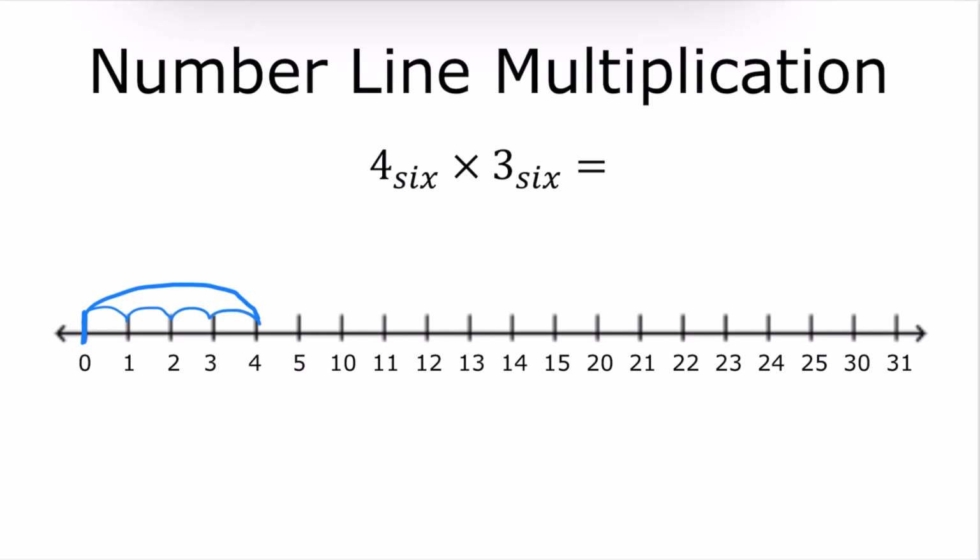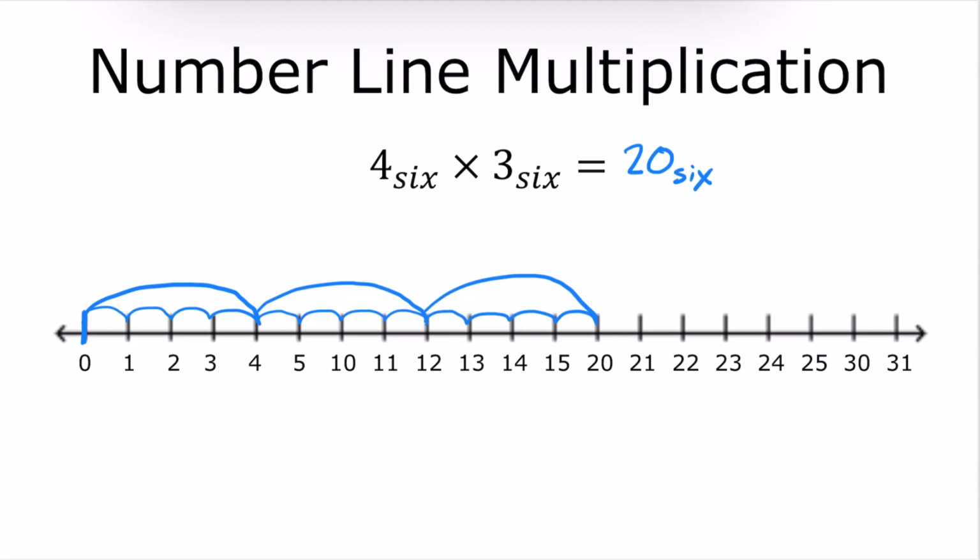Then if I go another copy of 4, so 1, 2, 3, 4, that would be my second group of 4. Then if I go 1, 2, 3, 4, and I end up right there, that shows me that 4 times 3 in base 6 equals the number 20, or 20 base 6. And so that's how you can do number line multiplication.